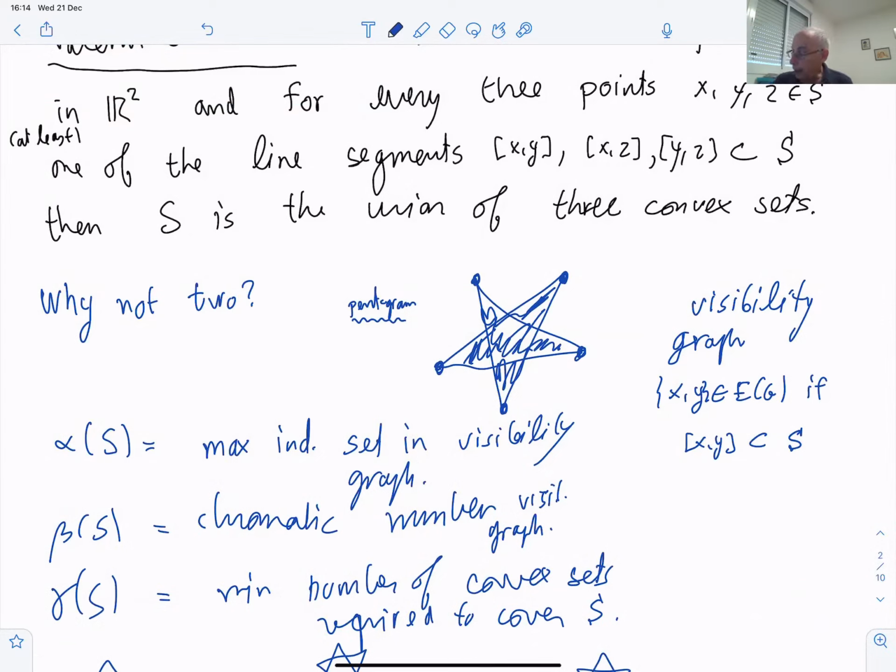Because here you have a 5-gon, in which you cannot color any 2 consecutive vertices with the same color, so you need at least 3 colors.